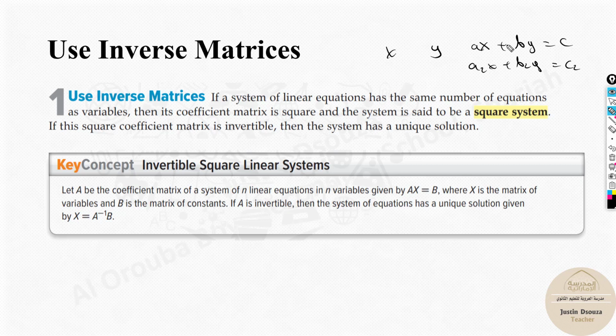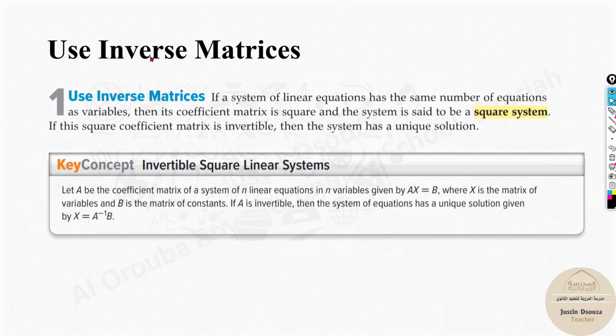Now you have two equations and two variables. If there was one more variable, say z, and you have three equations, that would also be a square system. So, an equal number of variables and equations.